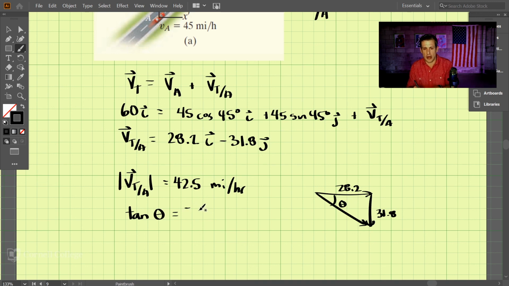Well, we could just put a positive here. 31.8 divided by 28.2, theta comes out to be 48.5 degrees. And we must note that that's from the horizontal, right? That's this angle here.